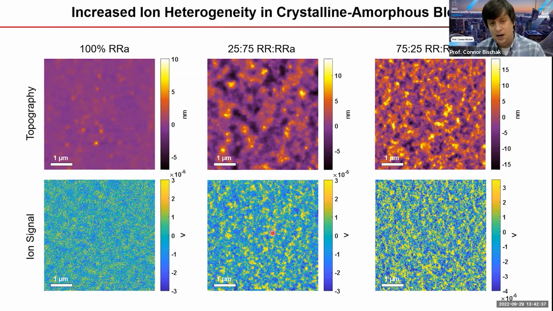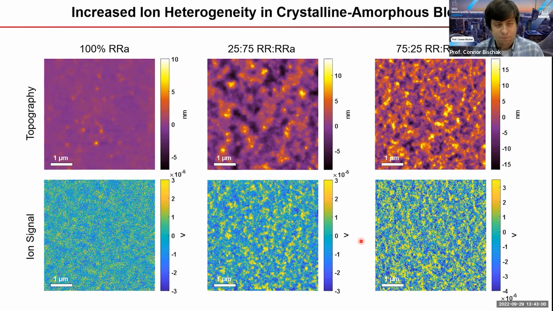And right now what we want to do is do some correlative imaging. So kind of basically image the same area with our nanoscale IR technique and with nanoscale stiffness mapping to essentially see if we can correlate crystalline regions to where the ions are going in these materials.